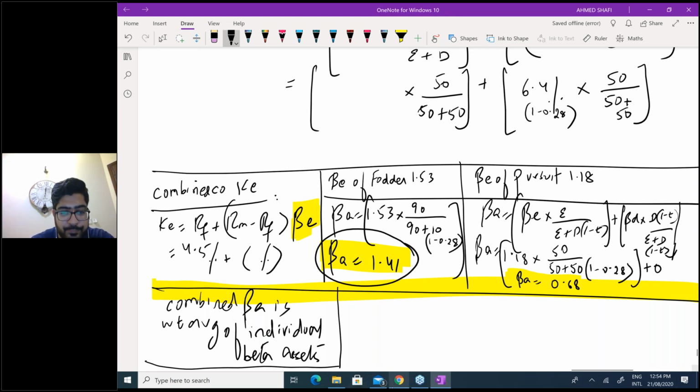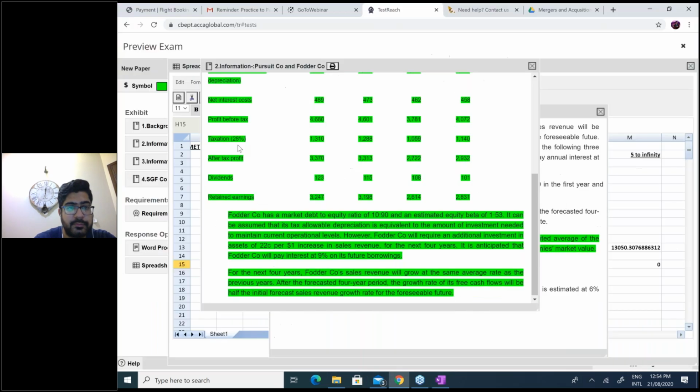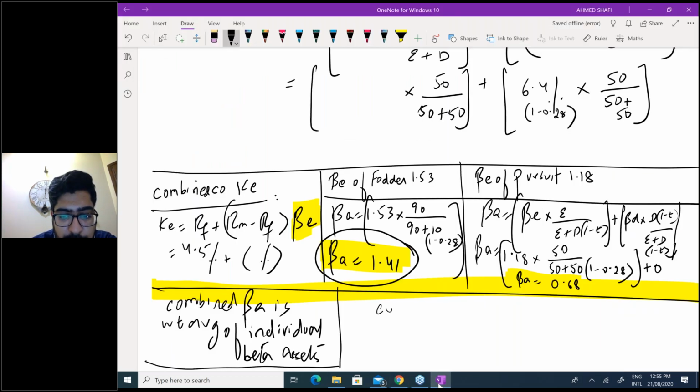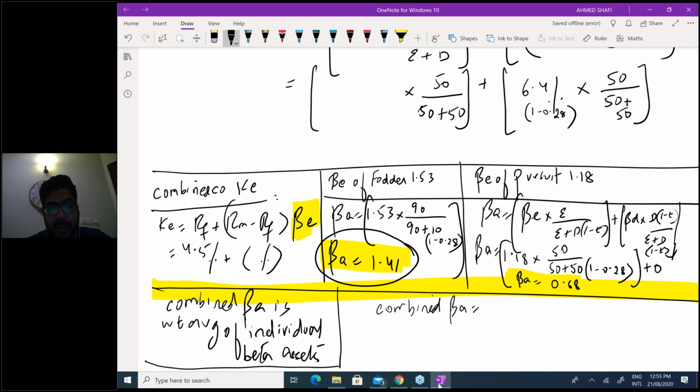See the question. It can be assumed that the asset beta of combined companies is the weighted average of individual asset betas, weighted in proportion to individual market values. Okay, so the combined beta asset is the weighted average of individual beta assets.